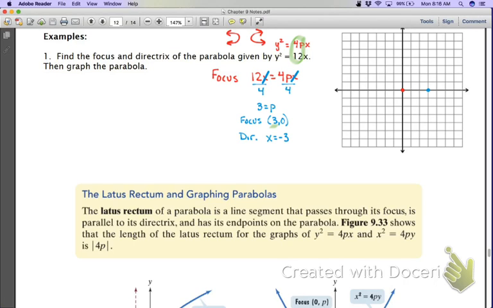So I'm just going to have like an imaginary line on the back side, something like that there.